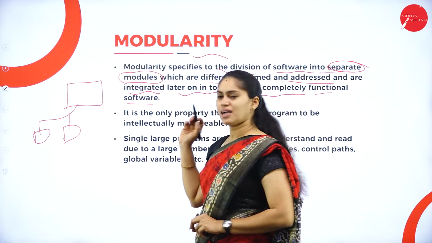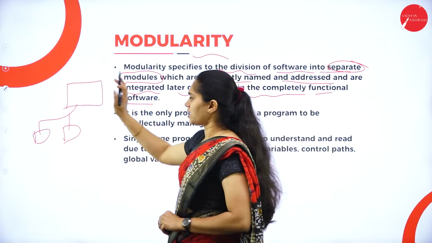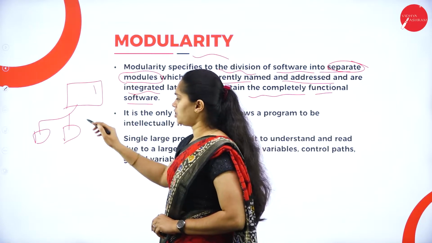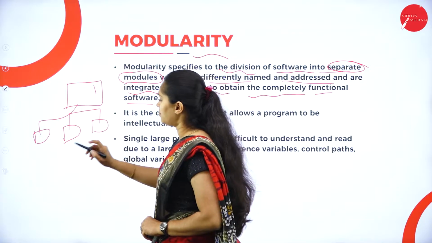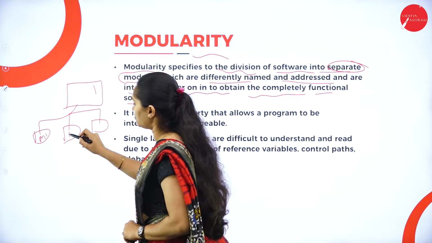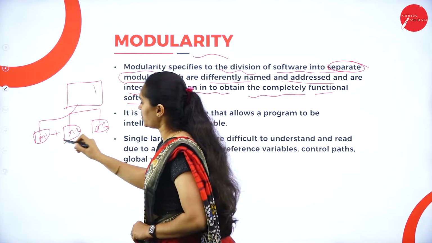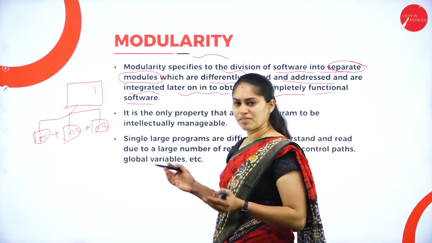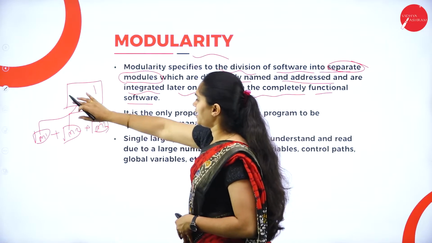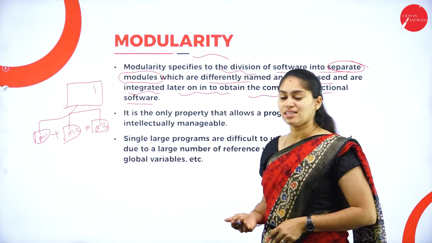So here it's like problem partitioning itself. The complete software is going to be designed as a number of modules. Let me consider them as M1, M2, M3. After that, I am going to integrate all these together. We will add all these together to find the solution or to build the software.